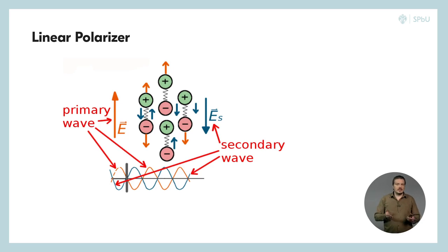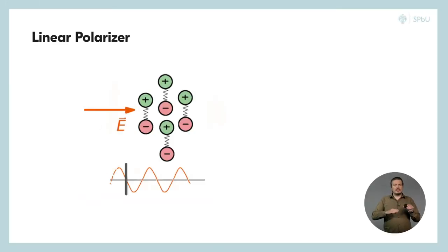And you may notice that this reflected wave is still polarized in the same direction as the primary wave, which is the direction of orientation of dipoles in the crystal.